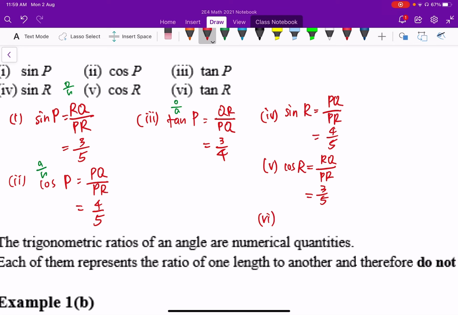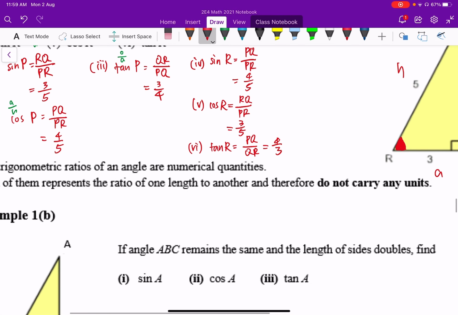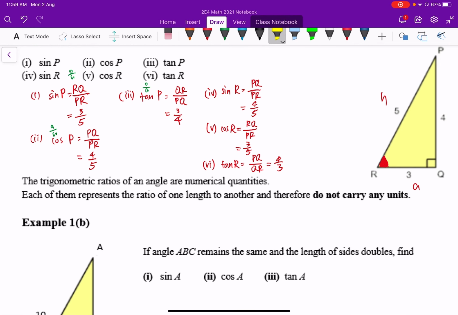And the last one, tangent R is equals to PQ over QR, which will get us 4 over 3. Okay, so this is how we find the trigo ratios. And take note, don't give unit because they are ratio and therefore they do not carry any units.